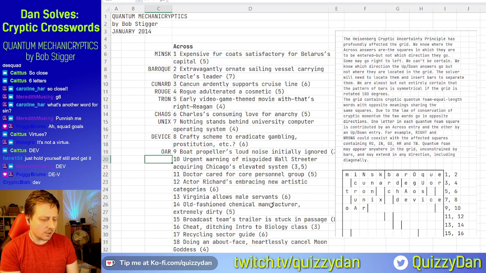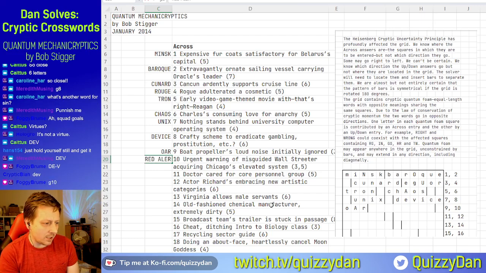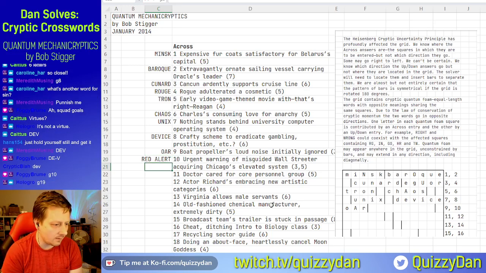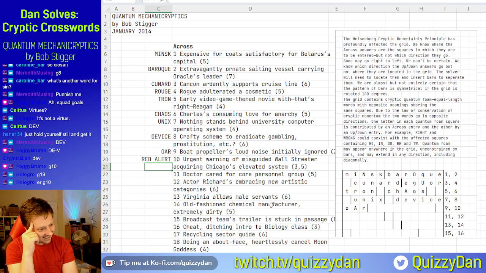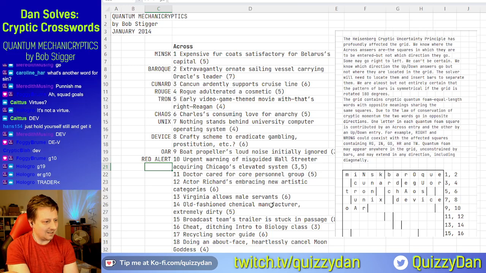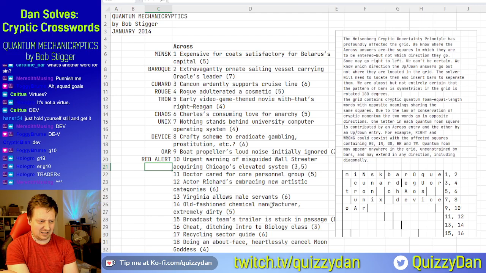Urgent warning. So I'm going to go for red alert. Now, why would it be red alert? Because I'm going purely off of 3-5 and it's got EL in it, but backwards. So maybe it isn't. Oh, no. That would be a dealer. Misguided Wall Street would be a dealer, but I don't like that.